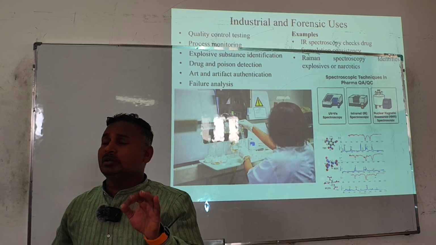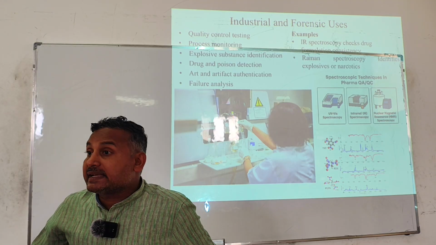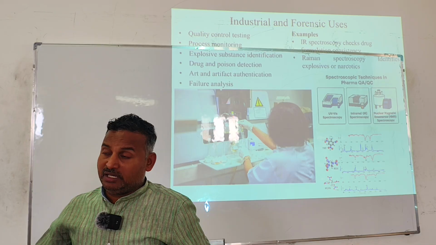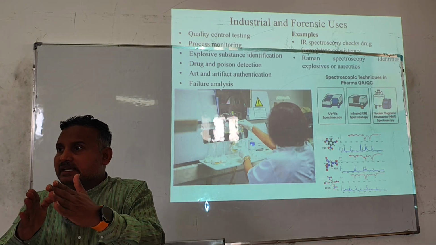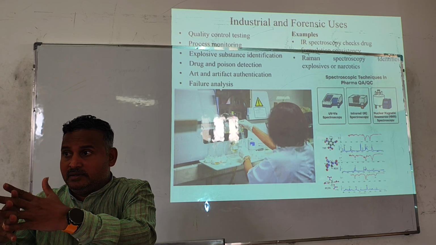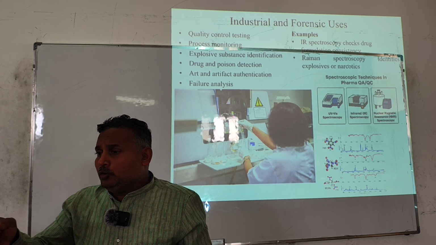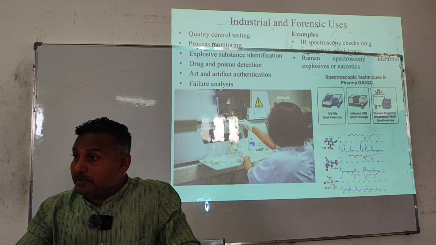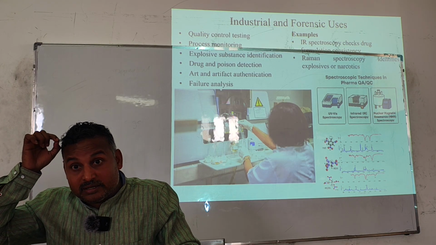Okay? Without the spectroscopic instrument, the forensic department cannot do anything. Forensic study involves police and scientists, a combination of these two. So the basic is fingerprint testing, and on the crime scene, there may be some blood samples, there may be some hair of the criminal.